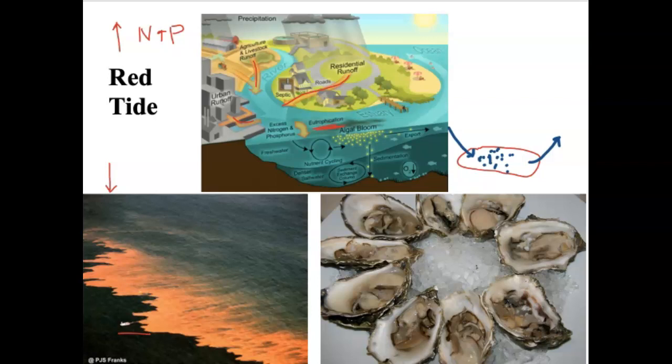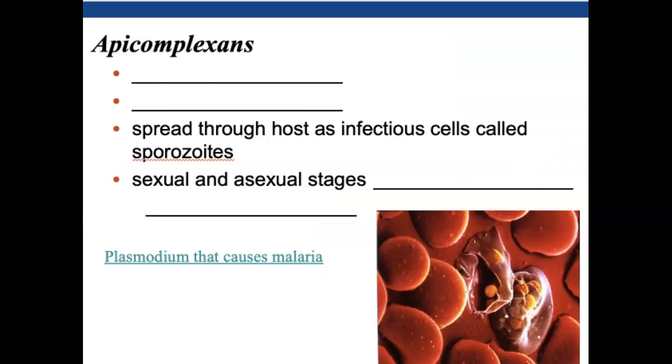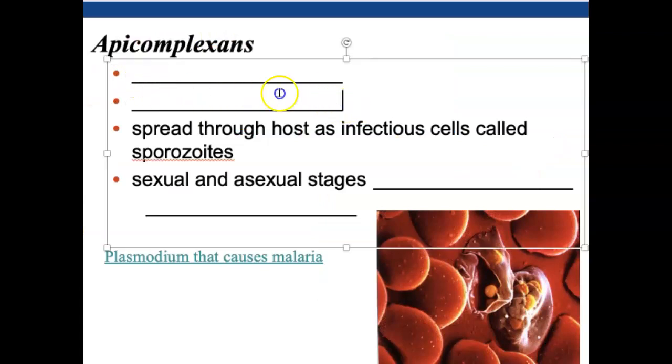through aquatic ecosystems. All right, the second subgroup within the Alveolata will be the apicomplexans. Now this is a group we don't really like.